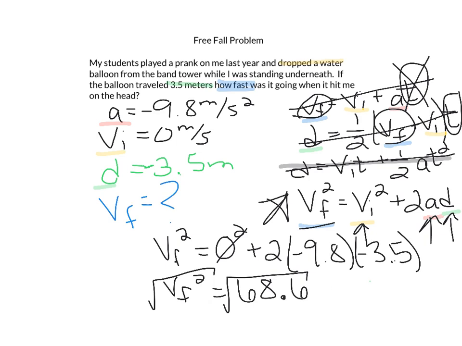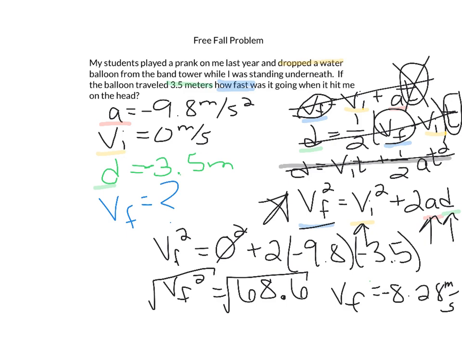When you do that, you get VF equals 8.28. Because it's velocity, it's meters per second. And because it is going in the downwards direction, the negative y, we show that by either writing 8.28 meters per second down, or we say negative 8.28 meters per second. And that's how you solve a free-fall problem.